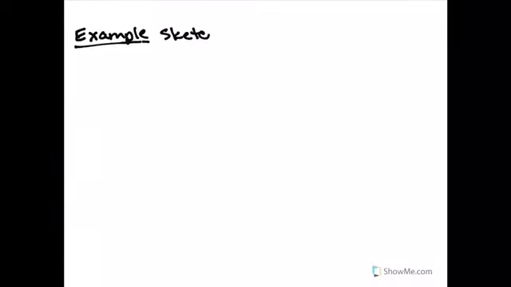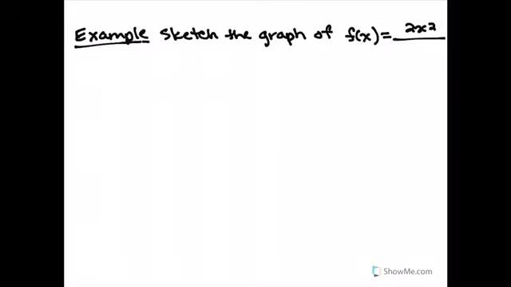So we're going to put all of this together. All right, so we're going to sketch the graph of 2x squared over x squared plus 2.